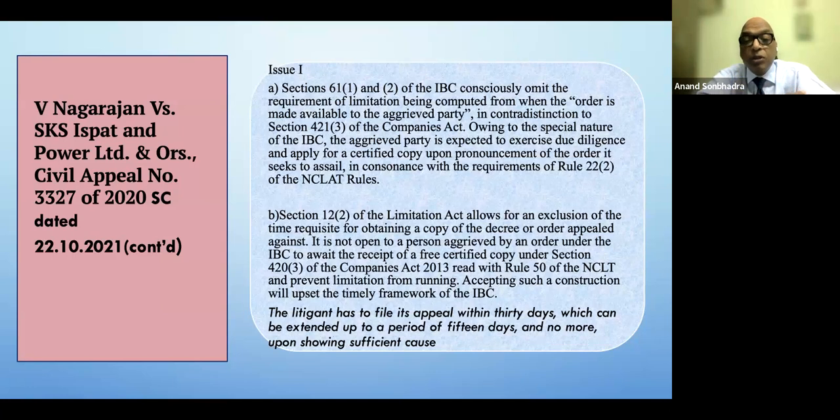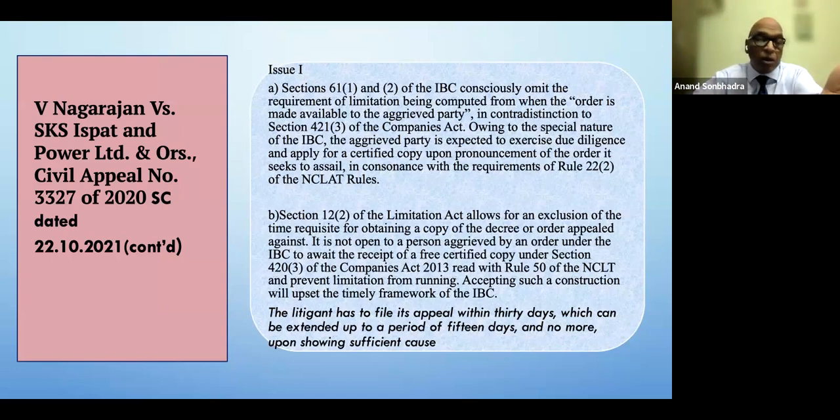Accepting such a construction will upset the timely framework of IBC. What it says is the litigant has to file its appeal within 30 days, which can be extended up to a period of 15 days and no more upon showing sufficient cause. And since there was not enough cause shown that an application for a certified copy was made and the copy was later given.